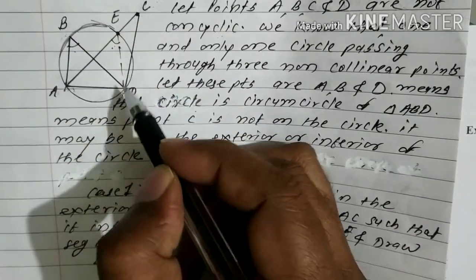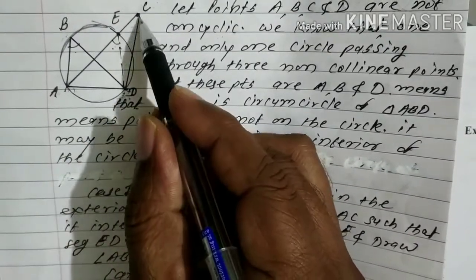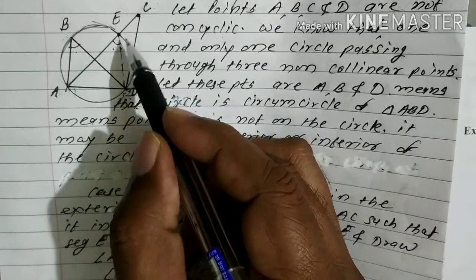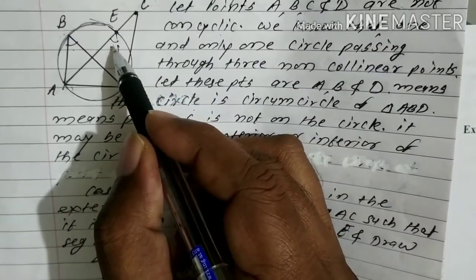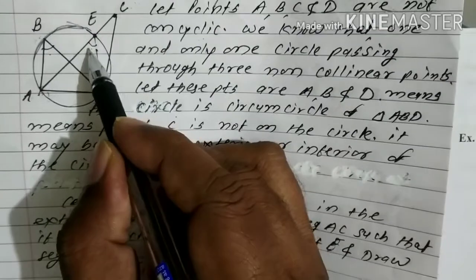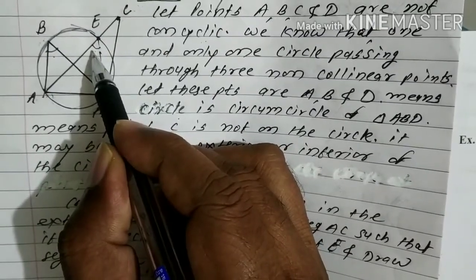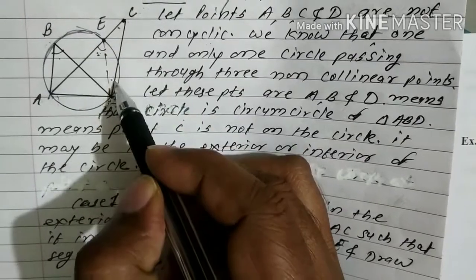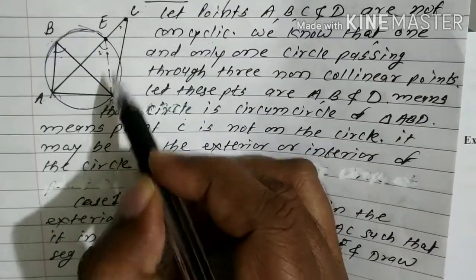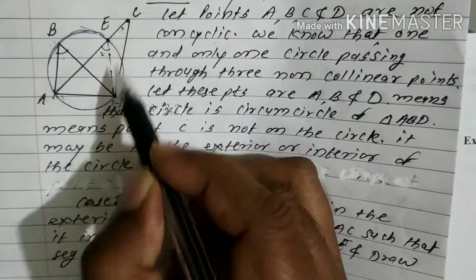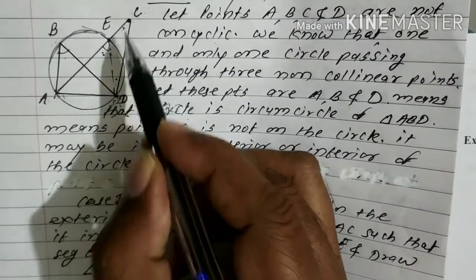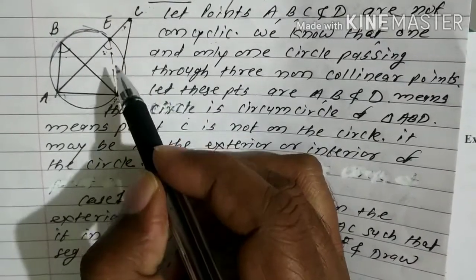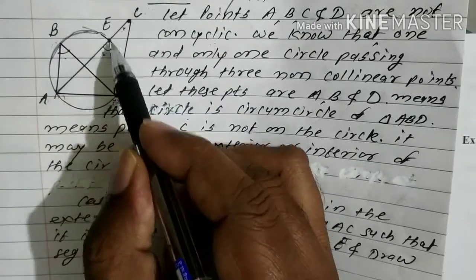Angle AED is an exterior angle of triangle EDC, and you know the exterior angle theorem: the exterior angle is always greater than the remote interior angles of the triangle. Angle C and angle EDC are the remote interior angles. These remote interior angles are smaller than the exterior angle.